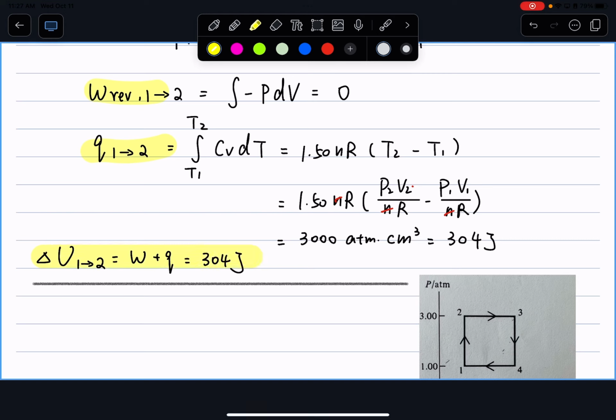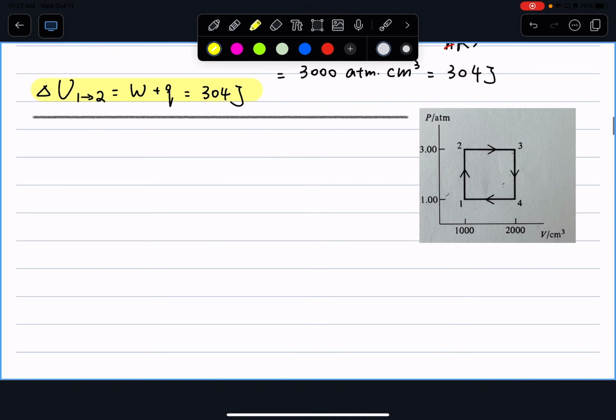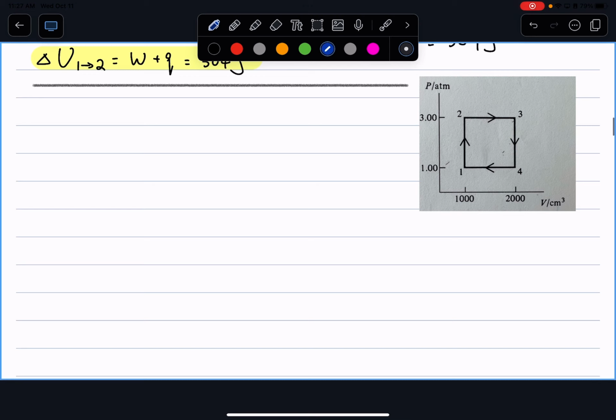And let's move on to look at our second step. The logic is the same, right? So our second step, we're talking about the state from 2 to 3. So that's from here, where your pressure is kept the same at 3 ATM, and we're expanding the volume from 1,000 cm³ to 2,000 cm³.